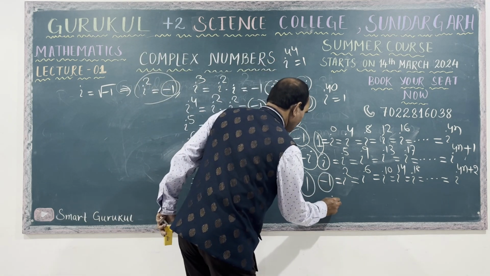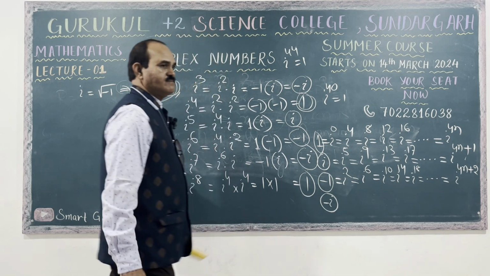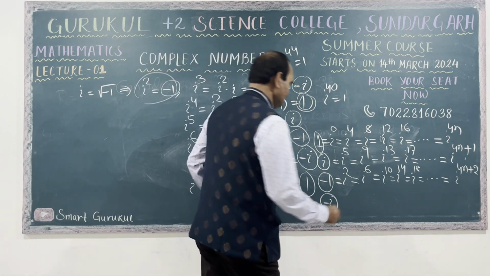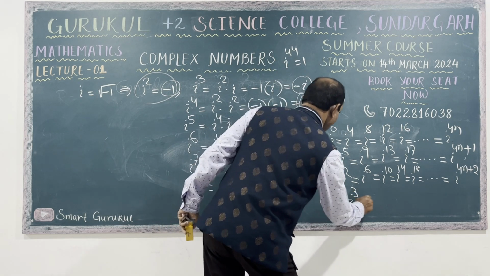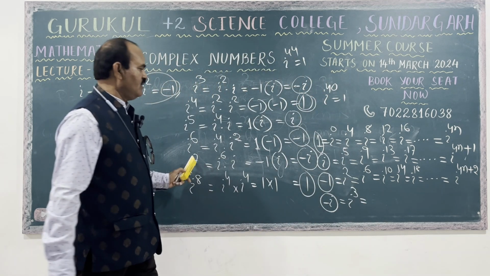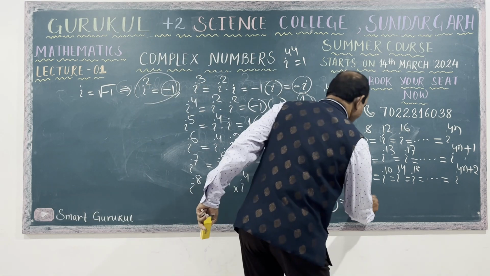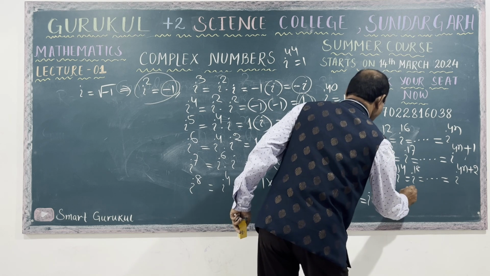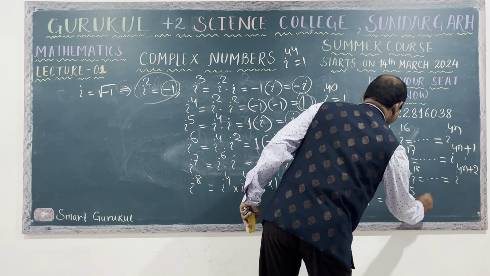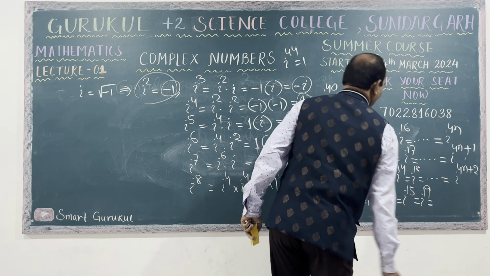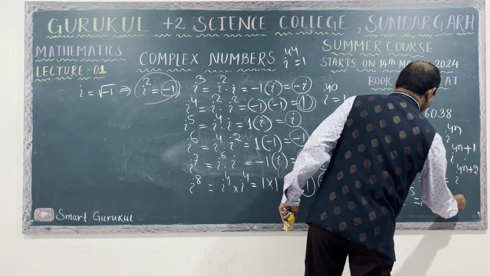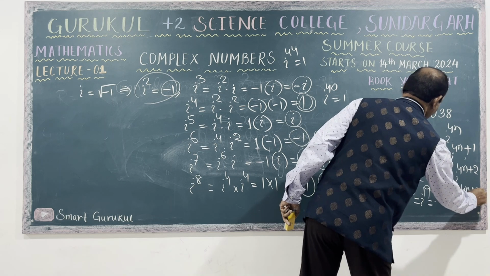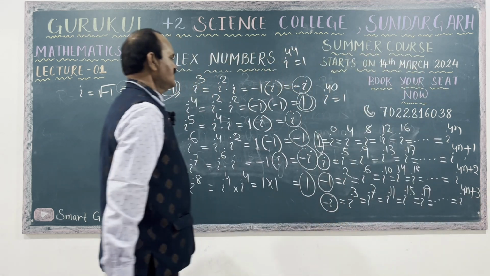And what is another one? -i. The value of i cube is -i. Then the value of i power 7 is also -i. I power 11, i power 15, i power 19, and all these numbers have the common form i power 4n plus 3.